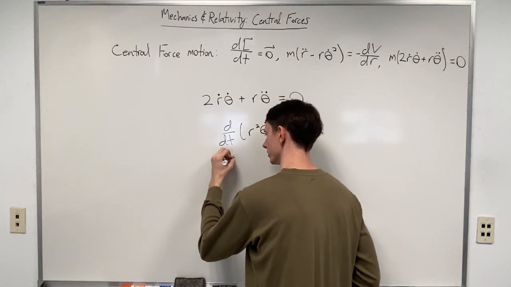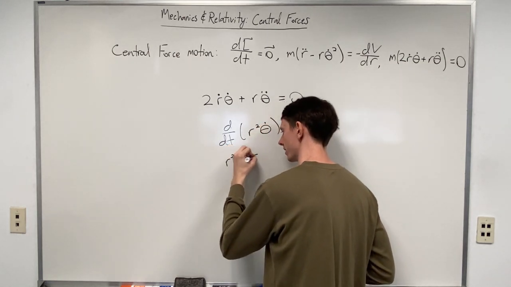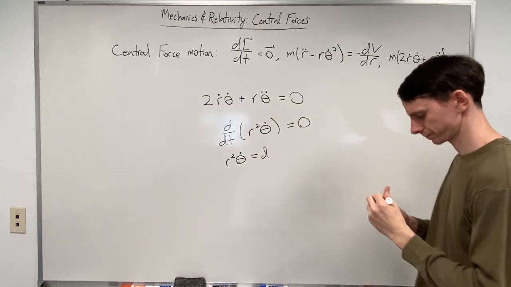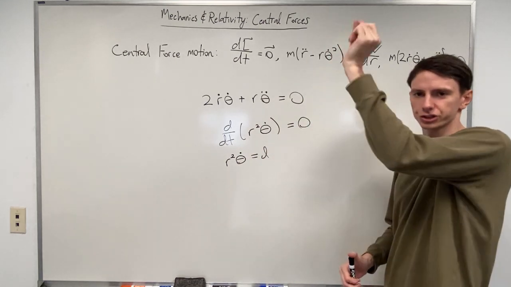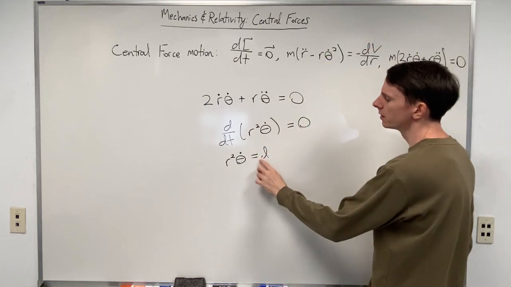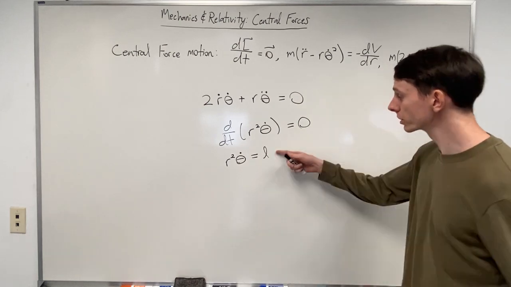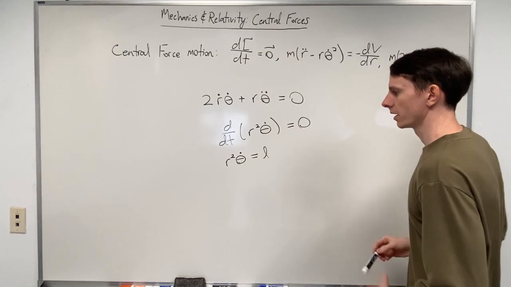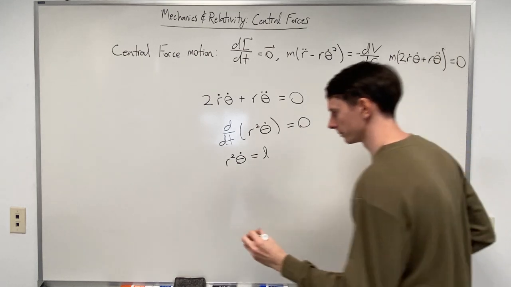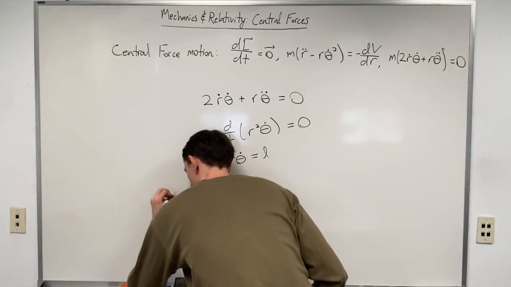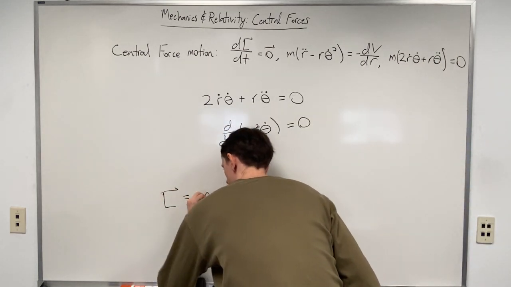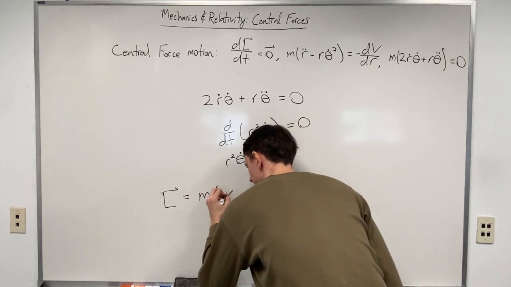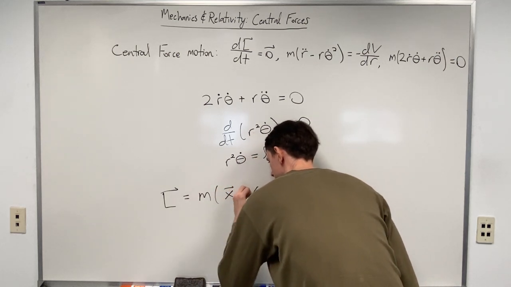I'm going to say that this new quantity, r squared theta dot, I'm going to call it L, lowercase l, or I guess script L, or whatever you want to call it. But I want to show how little l is related to the angular momentum, big L. And to see how it's related, let me just write out angular momentum again down here. If we remember, angular momentum is m times x cross x dot.